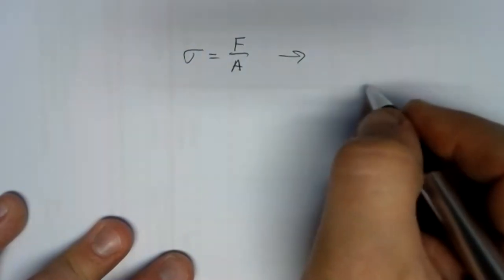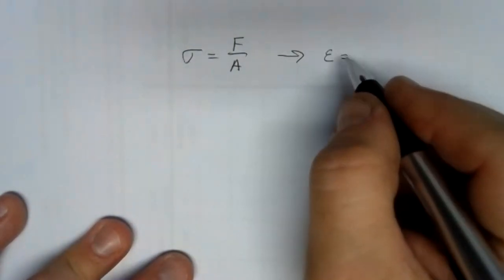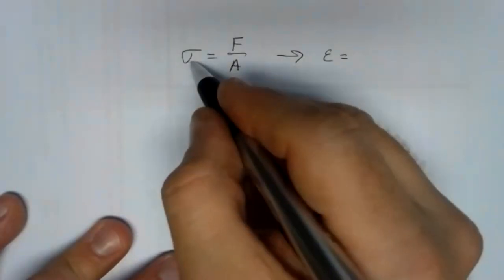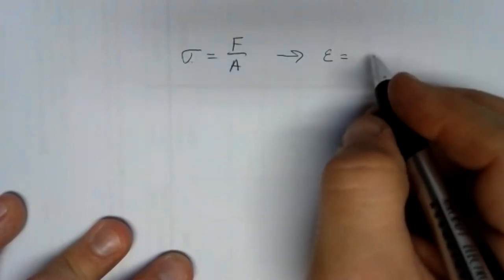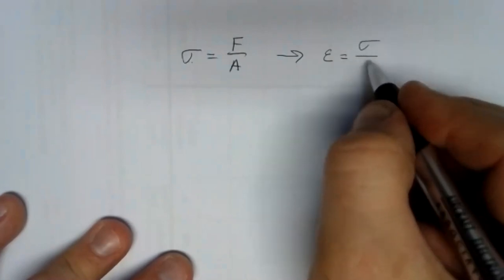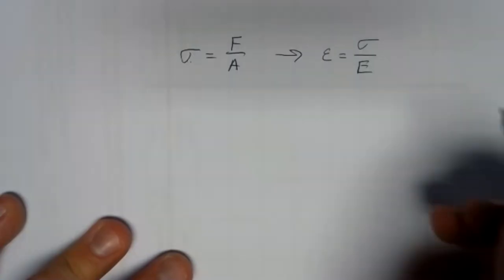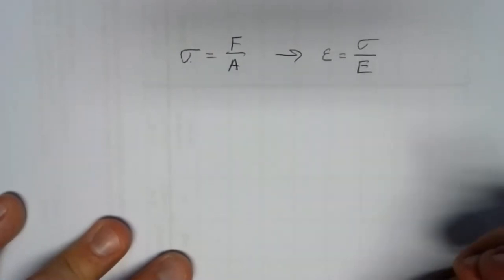Then, once we know the stress, we can figure out the strain. Essentially, finding the stress lets us jump into the material and figure out how much force there is on each square inch. From the stress, we can figure out the strain by using the Young's modulus.